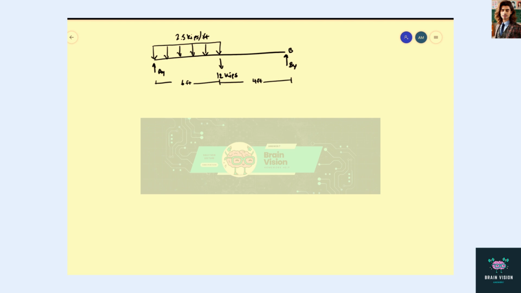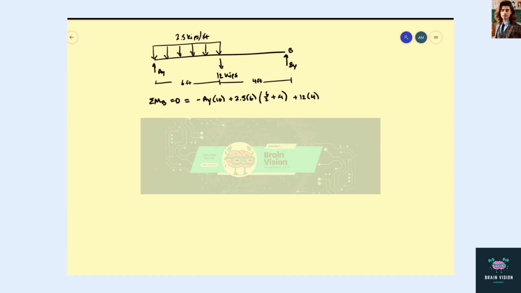So I'm going to solve for A in the y direction, the A force. So I'm going to do the moment at B, which is 0. So negative AY times 10 plus 2.5 times 6, 6 over 2 plus 4, plus 12 times 4.